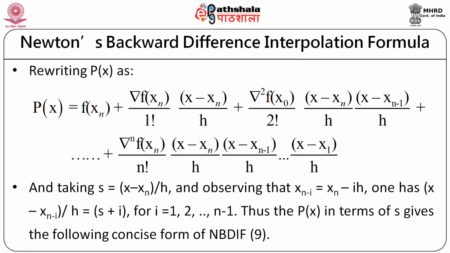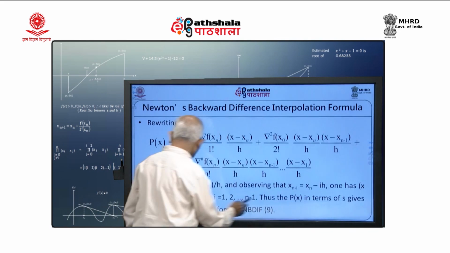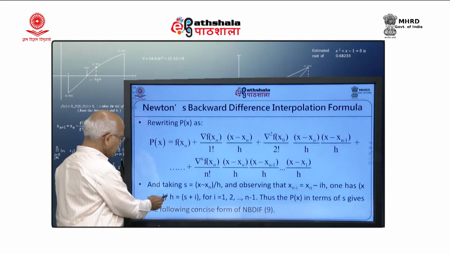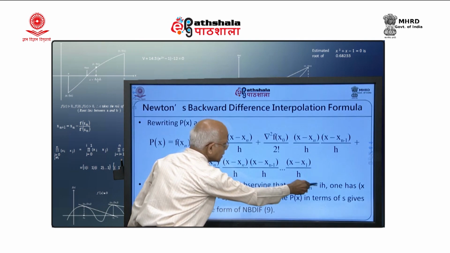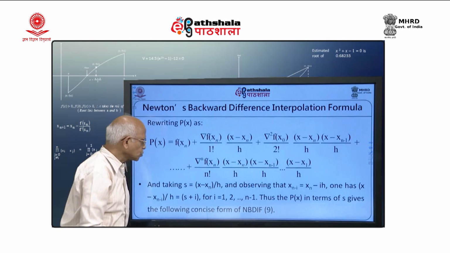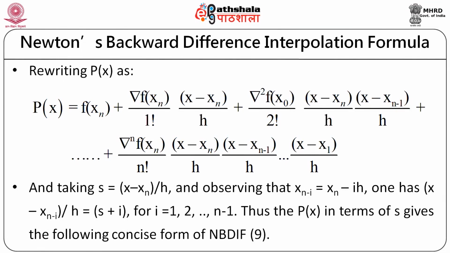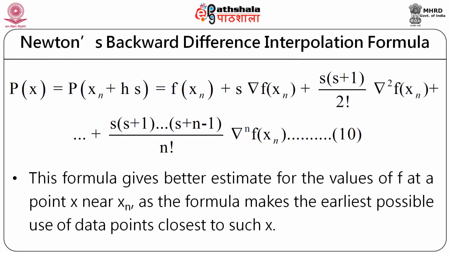So, one has (x minus x(n minus i)) divided by h will be equal to s plus i. So, this is what I will be getting. Thus, p(x) in terms of s gives the following concise form of Newton's backward divided difference interpolation formula 9, and this form is like this now.